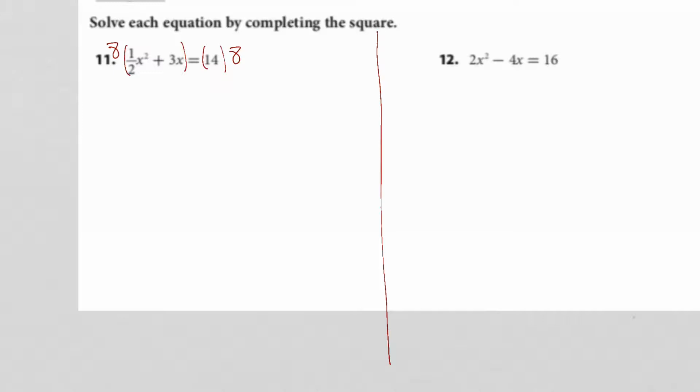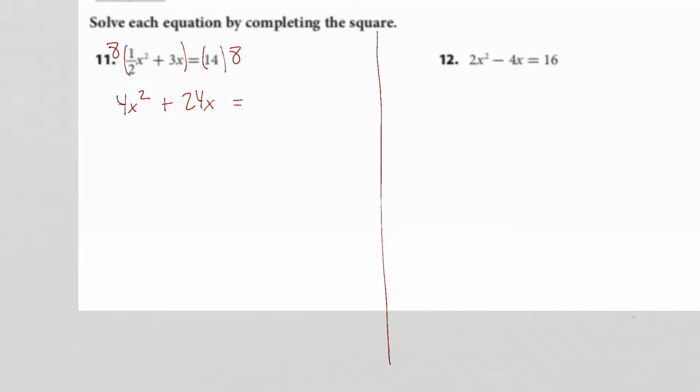So here I am, I'm multiplying both sides by 8. How come? Because I'm trying to get to a perfect square. So 1/2 times 8 is going to be 4x squared. 8 times 3 is 24x. And you can see, right, this extra step is just one more step.